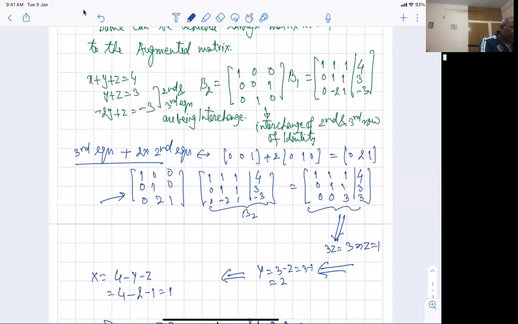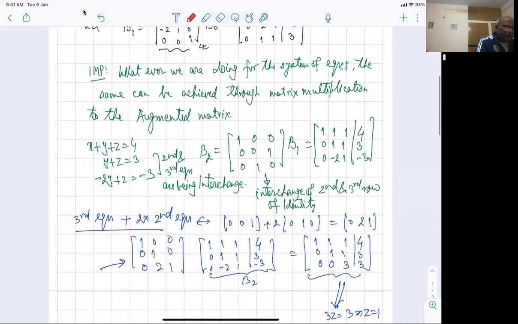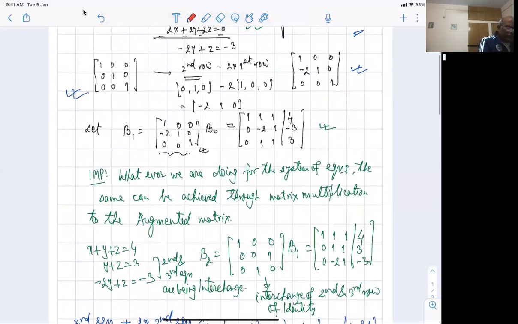The other thing I would like you to understand is that in this process that I have done, I have got something. In the first row, if I look after the first calculation, I have got this as something which is non-zero, and the rest of the entries here are 0. All right. So look at the first non-zero entry in the first row. It is 1, and every entry below that 1 is 0.